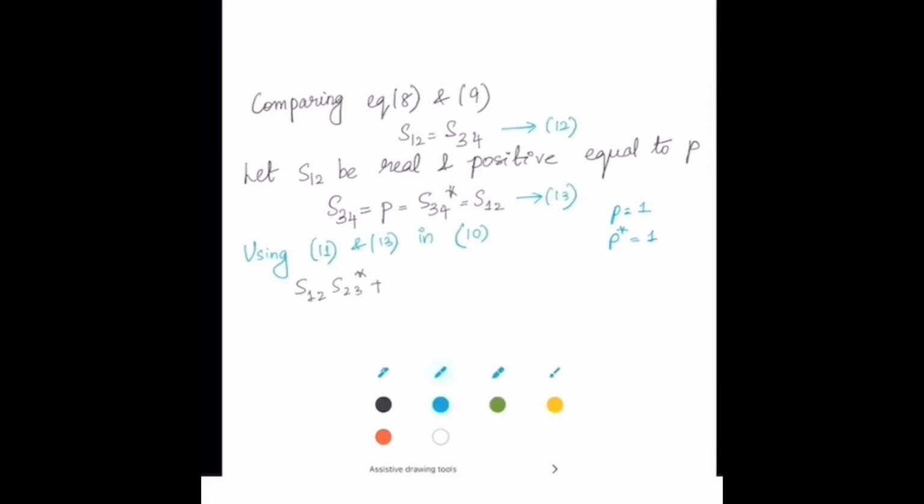Now using equations 11 and 13 in 10: equation 11 is S14 is equal to S23 and equation 13 is S34 is equal to S12. Substituting in equation 10, this can be written as S12 into S23 conjugate plus, instead of S14 substituting S23, and S34 conjugate written as S12.